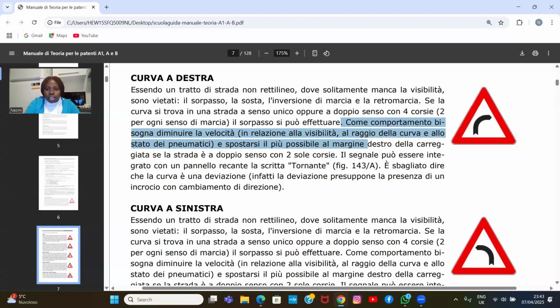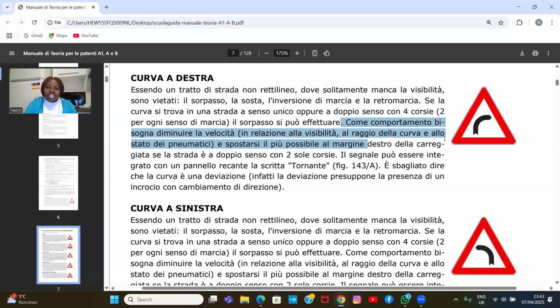He also says in relazione alla visibilità, al raggio della curva e allo stato di pneumatici. Now, al raggio della curva means how wide is this curve? There are some curves that are wide, and there are some that are very short, very curved.